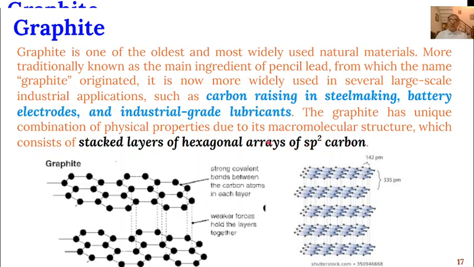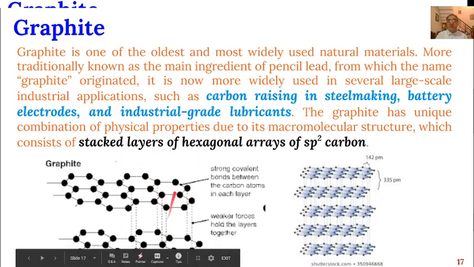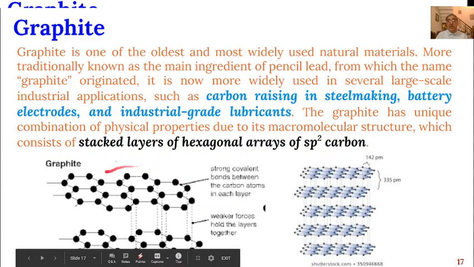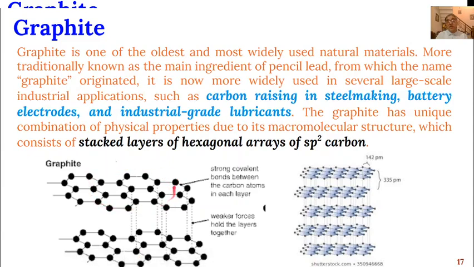Graphite has a unique combination of physical properties due to its macromolecular structure, which consists of stacked layers of hexagonal arrays of sp2 hybridized carbon. So these sp2 hybridized carbons are united with each other in the form of hexagons, and they have a very strong covalent bond between the carbon atoms in each layer.